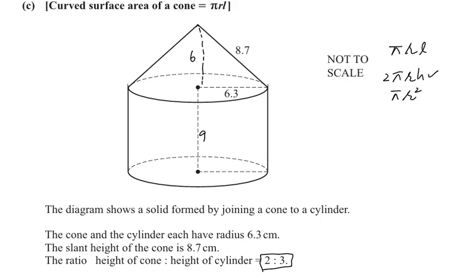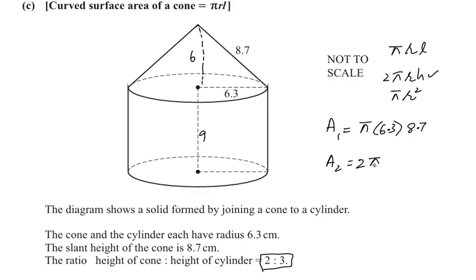For this purpose, first of all, we will be finding the curved surface area of the cone. Let's call this area A1, and A1 is pi r L, where r is 6.3 multiplied by L, which is 8.7, the slant height. Area 2 will be equal to 2 pi r h, which is 2 as it is and pi as it is.